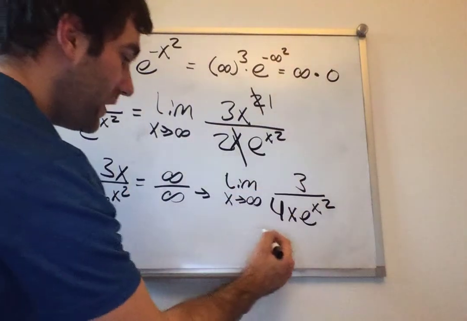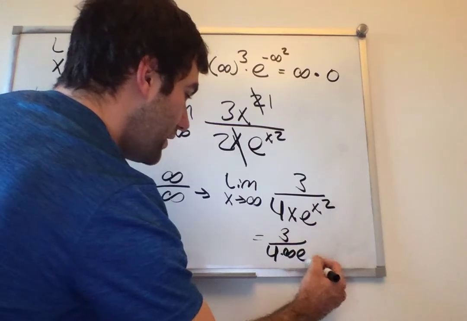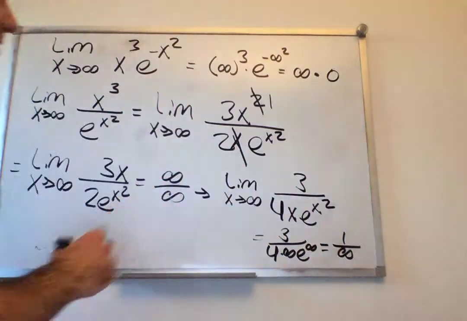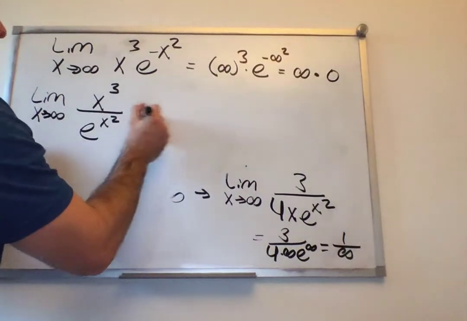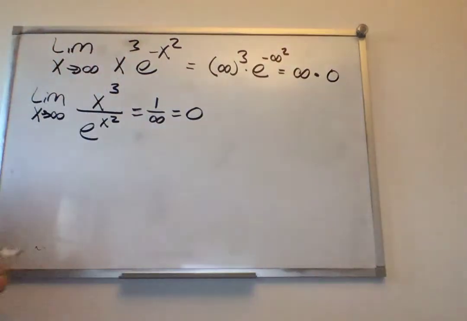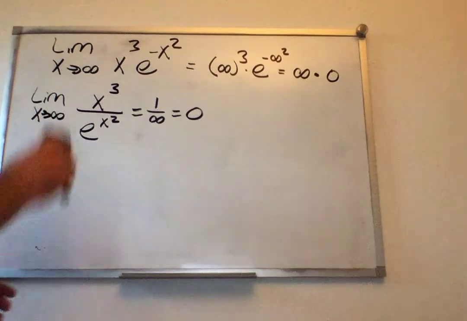But now when I plug infinity into here, I get 3 divided by 4 times infinity times e to the infinity, which is 1 over infinity, which is equal to 0. So as you see, it's exactly the same process as the previous examples. However, you just have to algebraically manipulate it a little bit at the beginning to get it in the correct form. So let's go ahead and do another one.